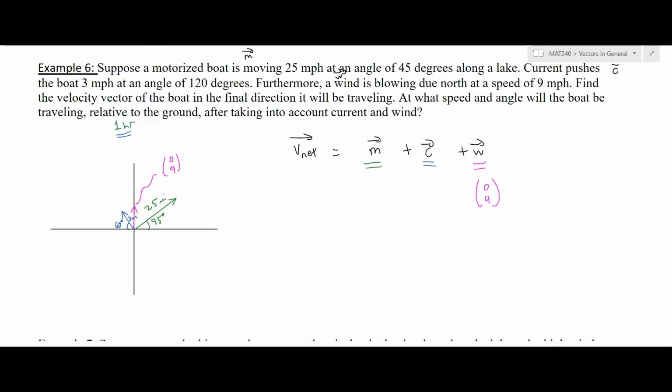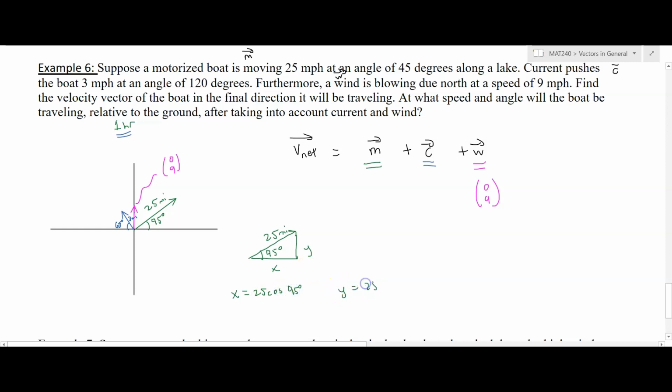To get the green vector, we're going to draw a little triangle. We know this is 45 degrees. We know this is 25 miles. So to find these 2 sides, x and y, x is going to be 25 cosine 45 degrees.